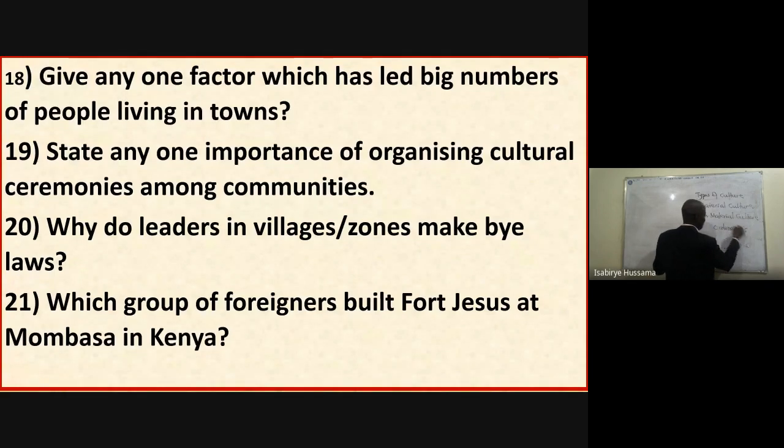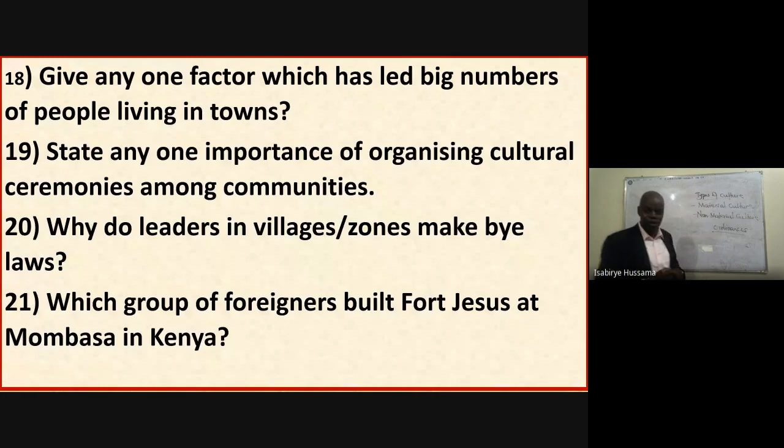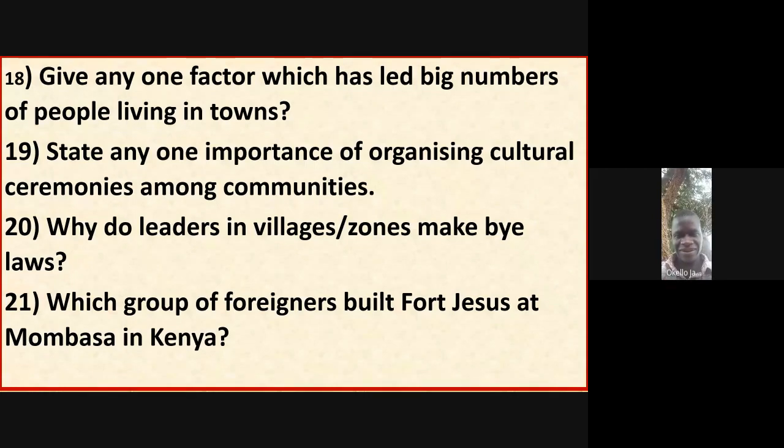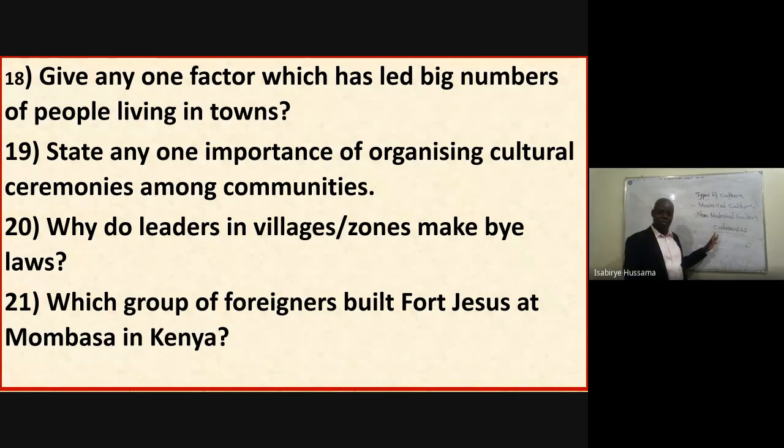Laws made at district level are called ordinances. But for the local council or local authorities, we stick to bylaws. Mr. Okero, thank you very much for that point. You're welcome. Yes. Local councils, we give bylaws.